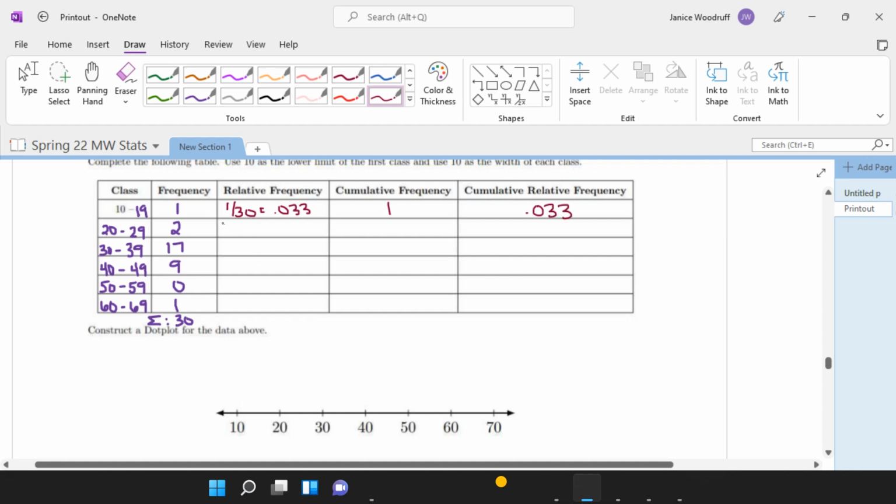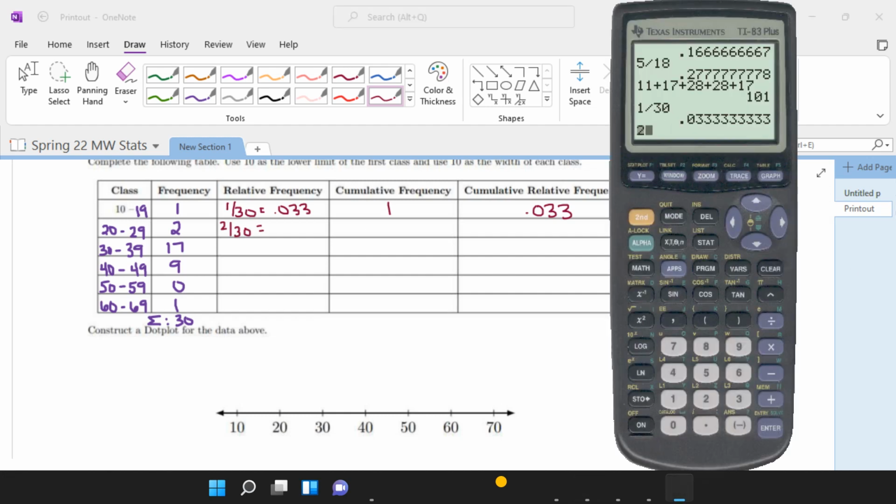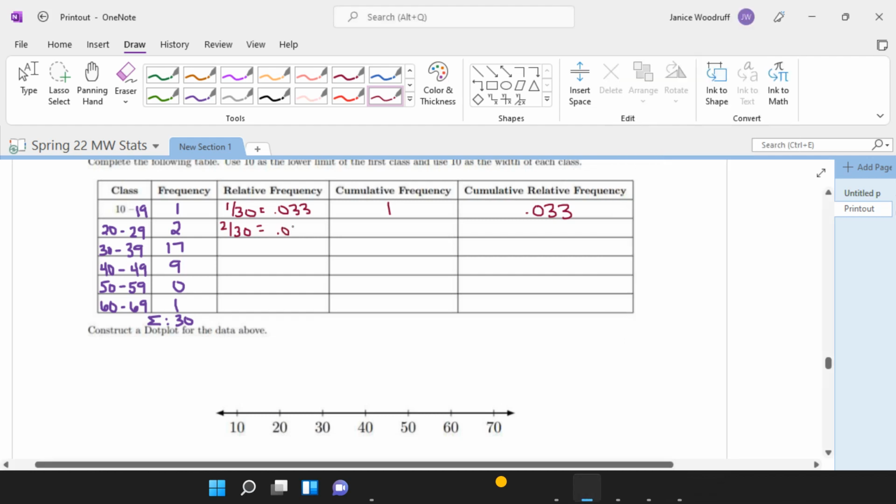All right, next one is 2 out of 30. We'll go ahead and do that. That's going to give us 0.066 repeating, so 0.067. The cumulative frequency is going to be 1 plus 2 for the frequencies, so that would be 3.